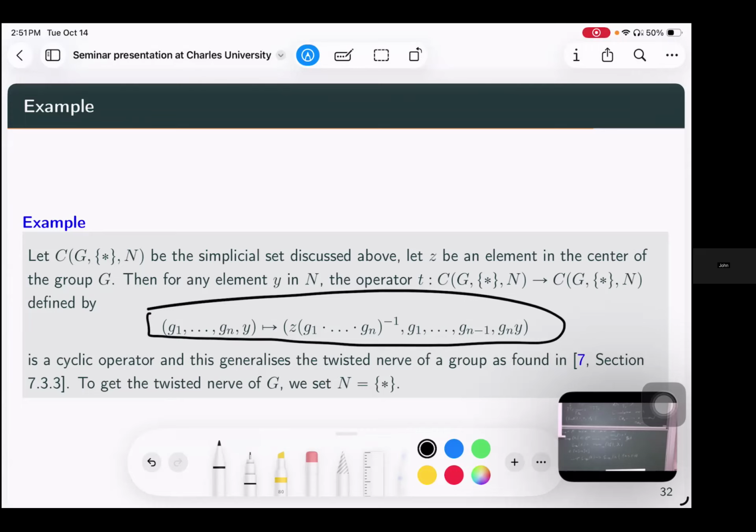And this is what Loday termed the twisted nerve of a group. In Loday, this N is the 1-point set. So what we've done is to generalize Loday's twisted nerve of a group by considering any general G-set N.